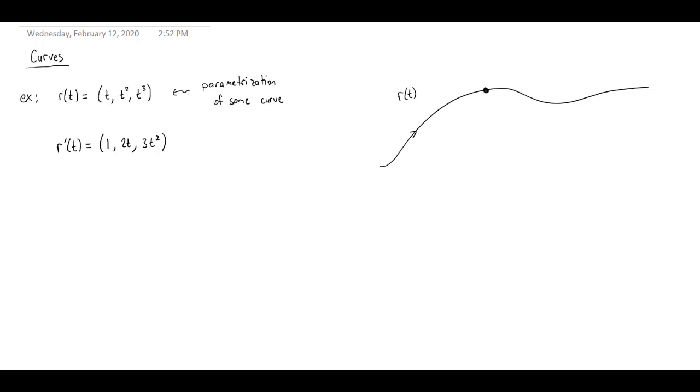Let's say that this is the point at time t0. Okay, so the derivative is going to be a vector which is tangent to the curve at this point. So the derivative vector r prime evaluated at t0 could look something like this in my picture, all right?